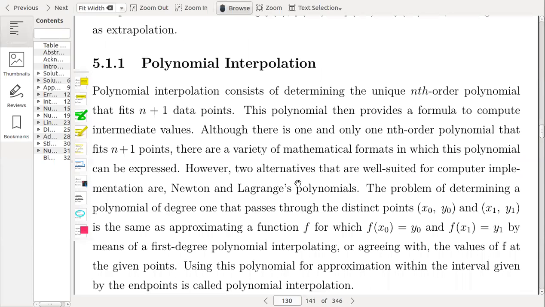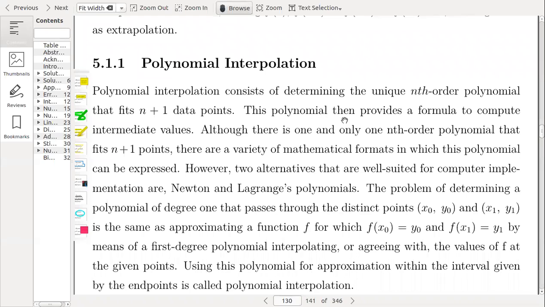Our two alternatives that are well suited for computer implementation are Newton and Lagrange's polynomial. So these two kinds of polynomials are very famous and useful. So here we can repeat it again. Polynomial interpolation consists of determining the unique nth order polynomial that fits n plus 1 data points.